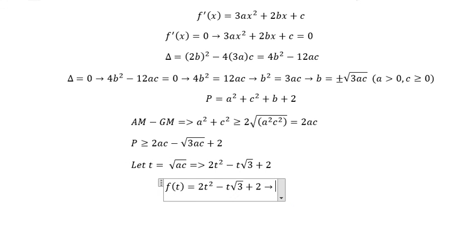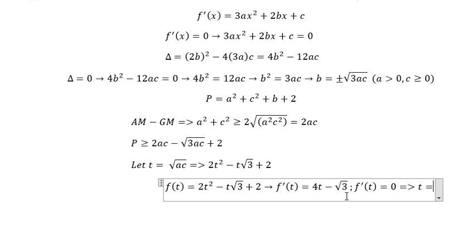Then we first take the derivative of the function f of t. So we get 4t minus the square root of number 3. We know that if we want to find the critical points, we need to set the derivative equal to number 0. So we get t equals square root of number 3 over 4.